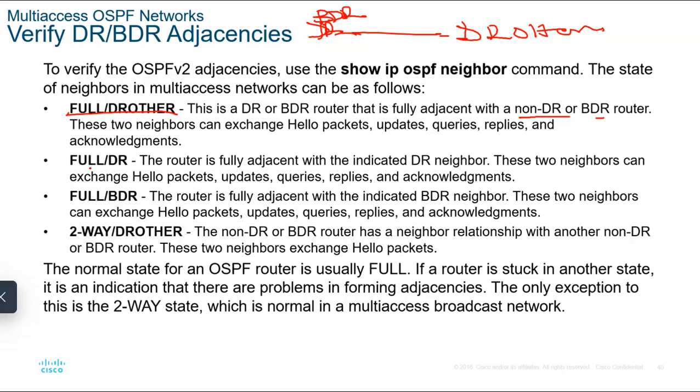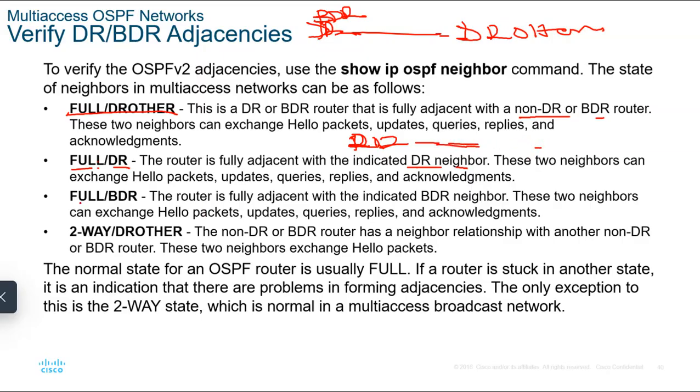Then we have full/DR. The router is fully adjacent with the indicated DR neighbor, and these two neighbors can exchange hello packets and updates. For example, this one here, as you can see, is full, and this is the DR, then the other side, DR others, is connected to the BDR.